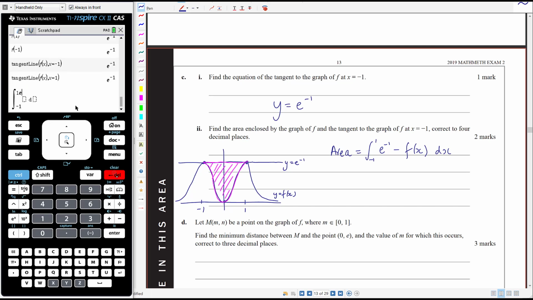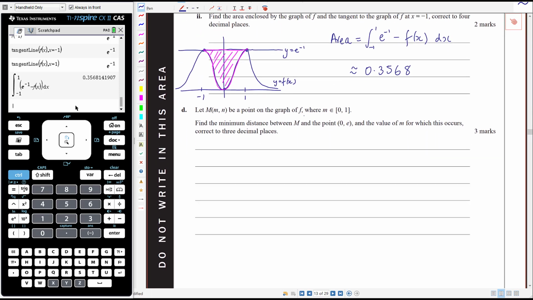Although that's a problem, isn't it? So you could press Control-C to copy that from there, and then Control-V so you can put it in the right place, or you could have just retyped it. And it's minus f of x. Shouldn't be typing out the function again, you've already defined it. And we want the area correct to 4 decimal places, so that is approximately 0.3568.